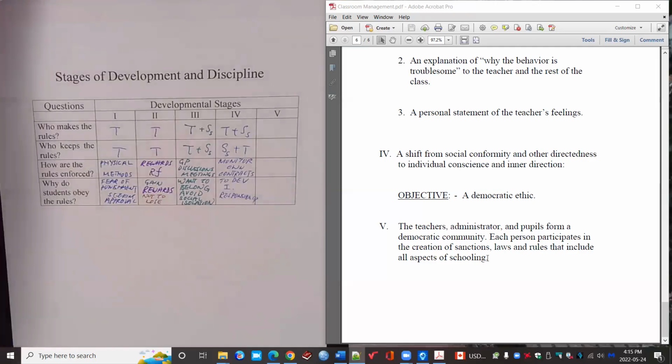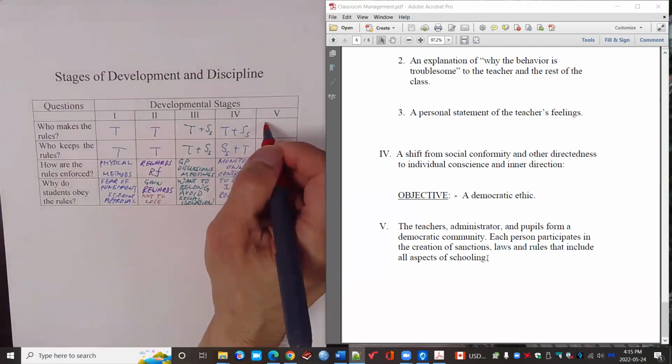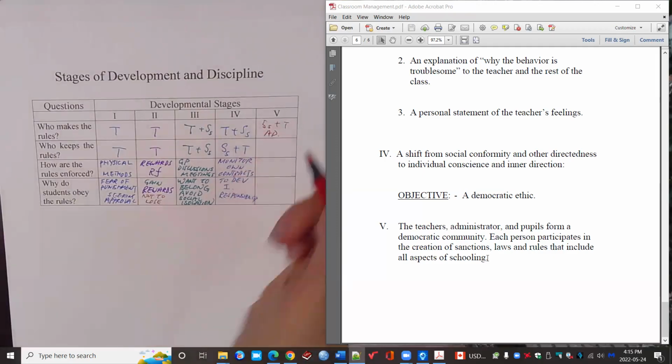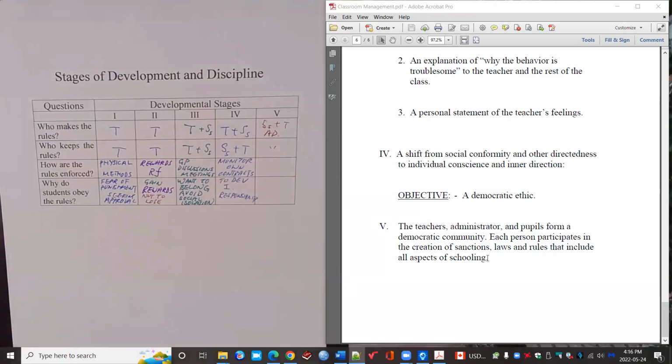So what is happening here? Who makes the rules? Of course, everybody, is that right? So it is students and teachers and the administrators and all that. Same here. Okay, keep the rules.